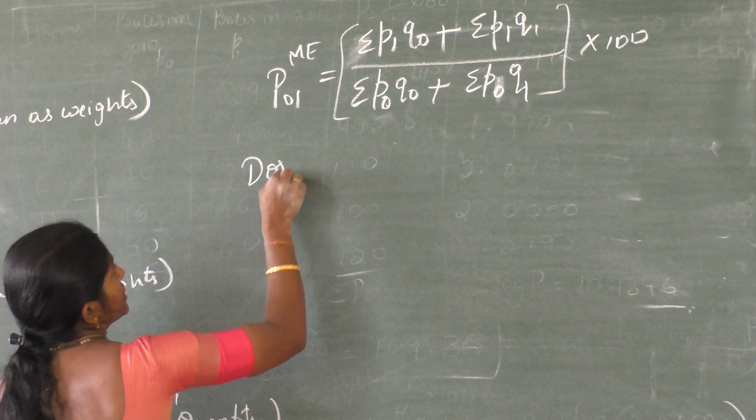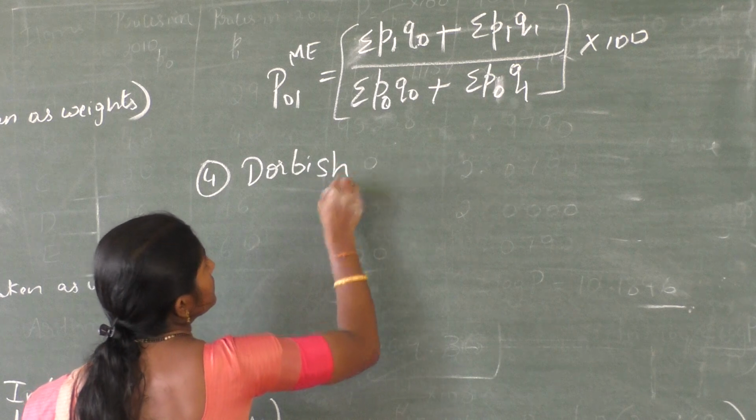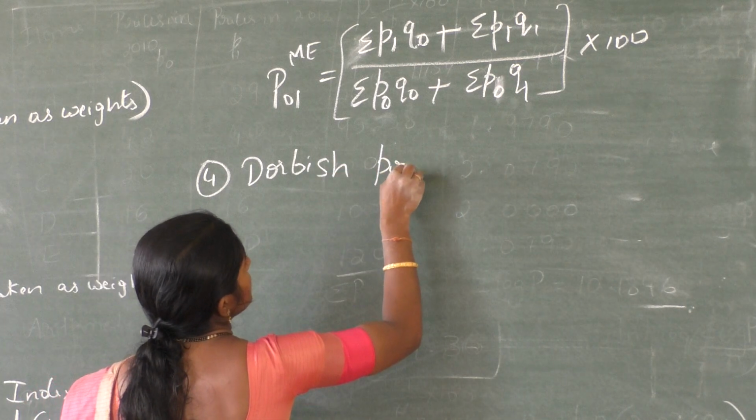Next, Dorbish, that is the fourth one. Dorbish price index number.